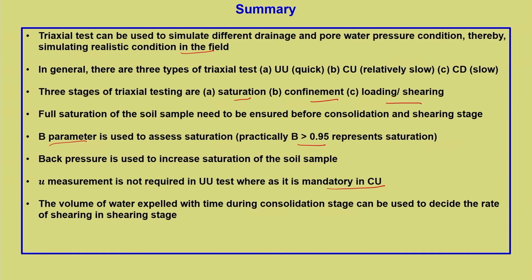The volume of water expelled with time during the consolidation stage can be used to decide the rate of shearing in the shearing stage. This will prevent the development of U during shearing in the CD test. So, that is all about the discussion on different tests that we can conduct in triaxial testing.